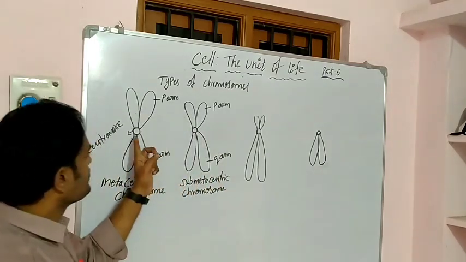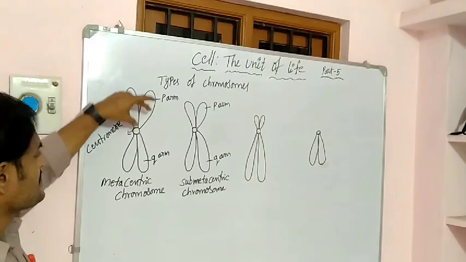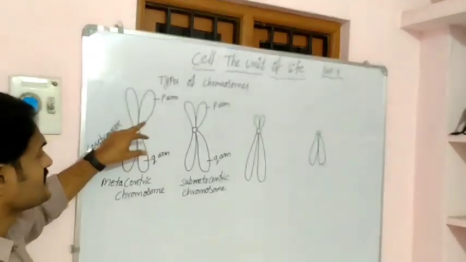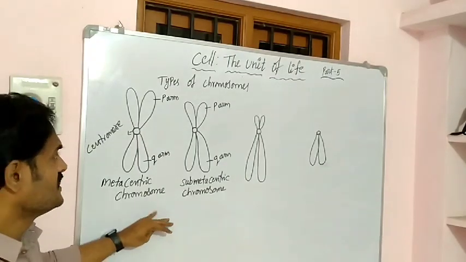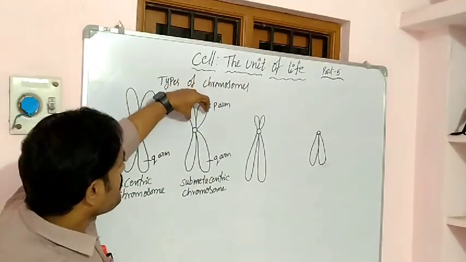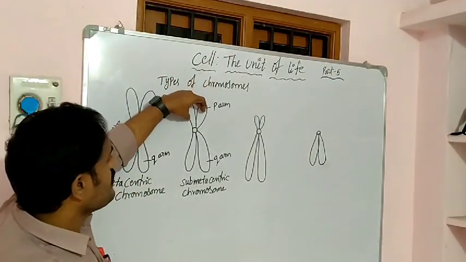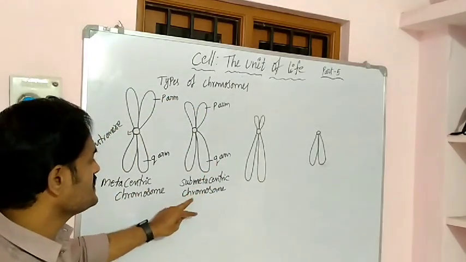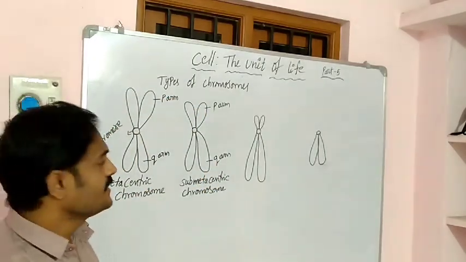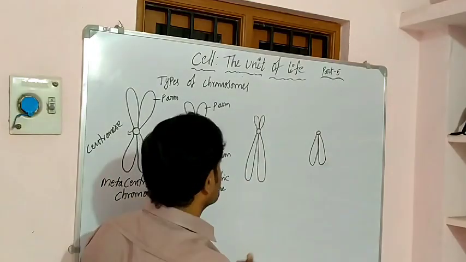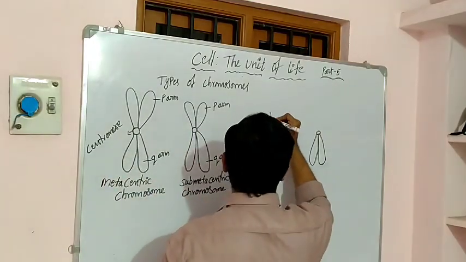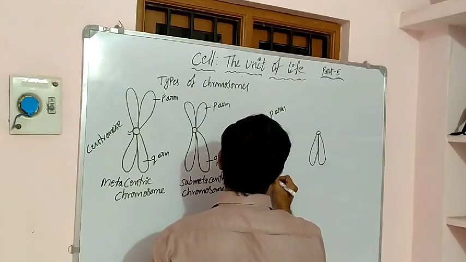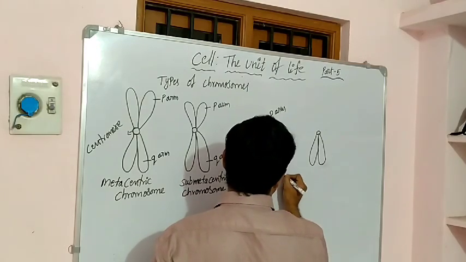So, understand the difference: when both arms are equal in size, that is called metacentric. Here the upper arms, that means the P-arms, are smaller than the Q-arms. That is called submetacentric.